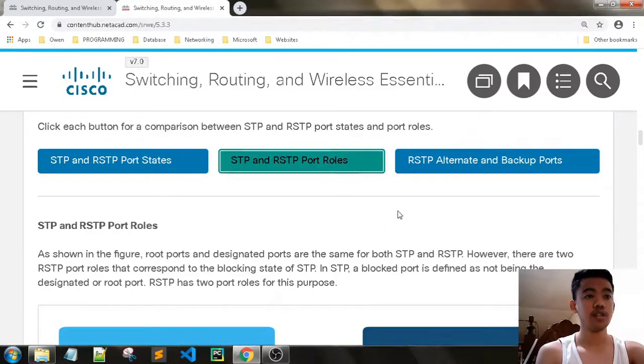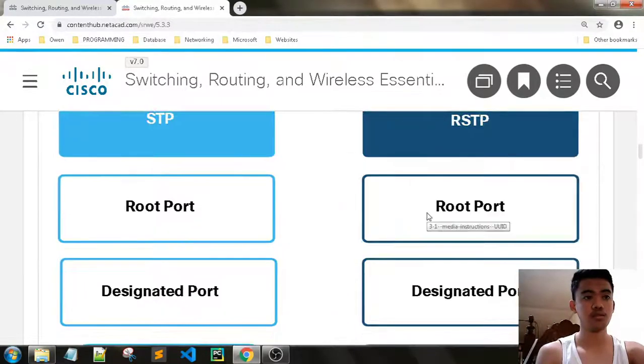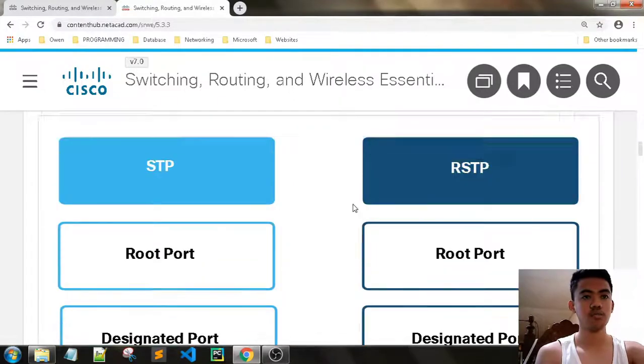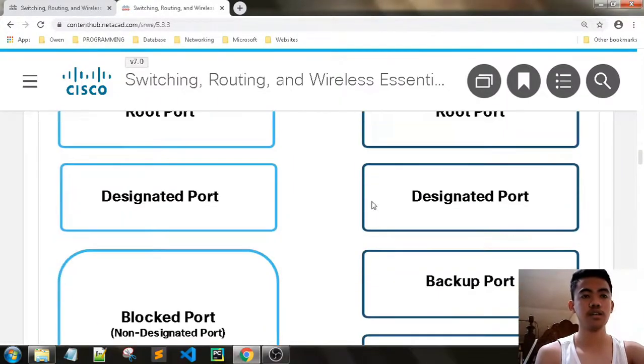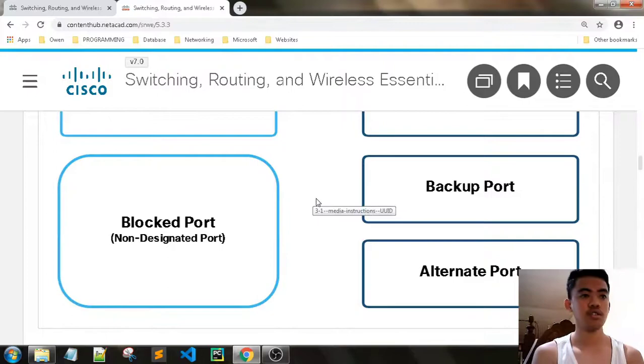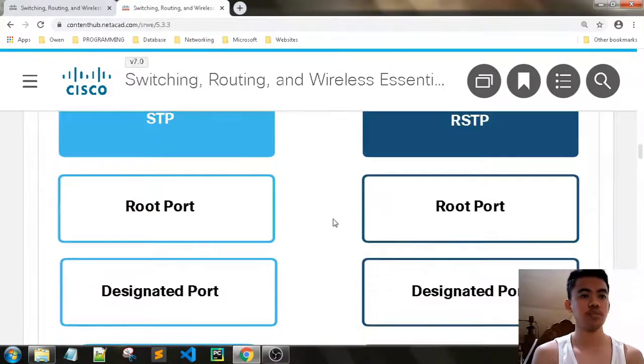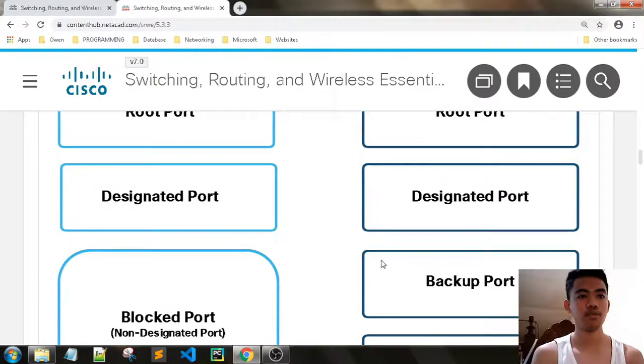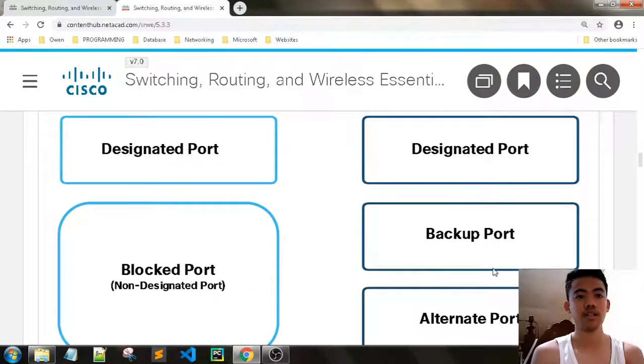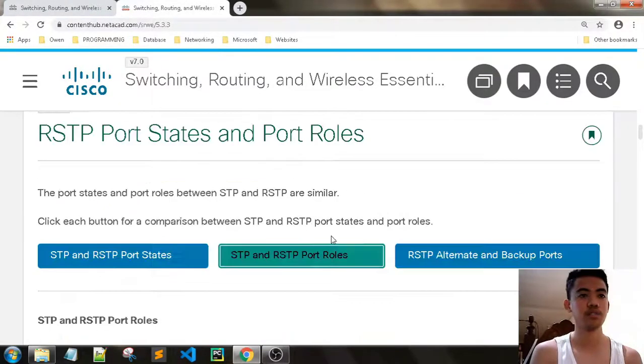STP and RSTP port roles: root port and designated port are the same on STP and RSTP. The only difference is the blocked port of STP, which we differentiate into backup port and alternate port on RSTP.